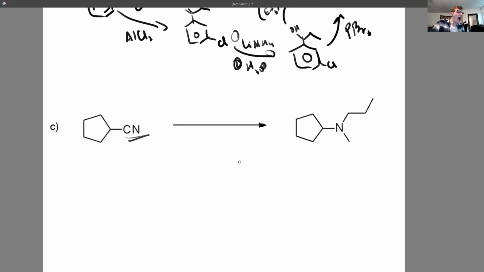So we have to get rid of the entire nitrile, not just the nitrogen itself. Okay. Let's see. I'll remove that.